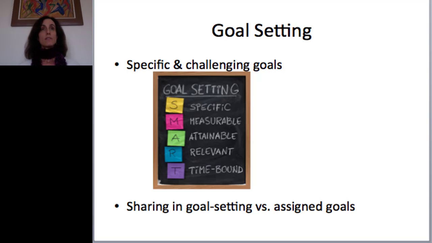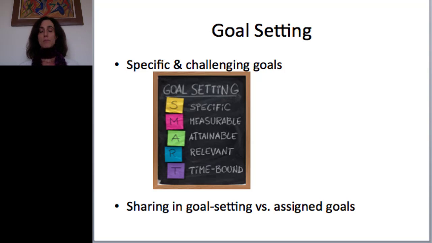So that's really important. And then another piece to this puzzle of goal setting that I want to share with you is something interesting: some research has found that if you actually assign goals to an employee, it can be as effective as when an employee and the supervisor are involved in setting the goals together.